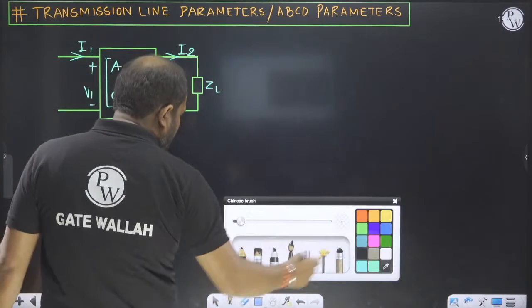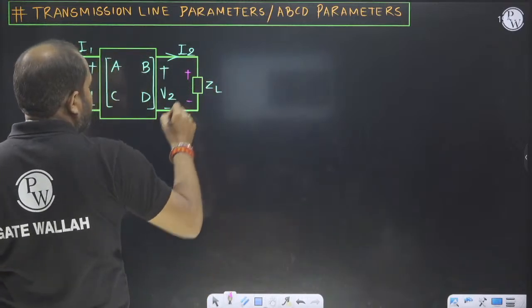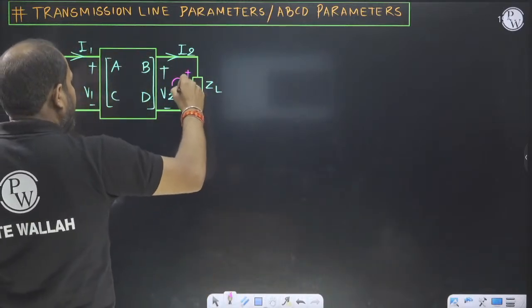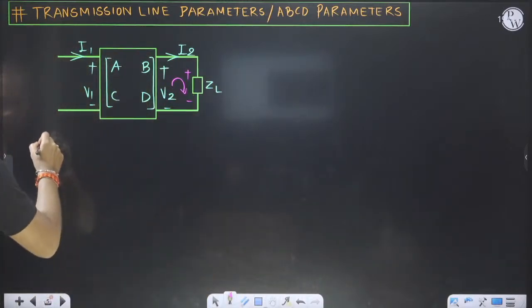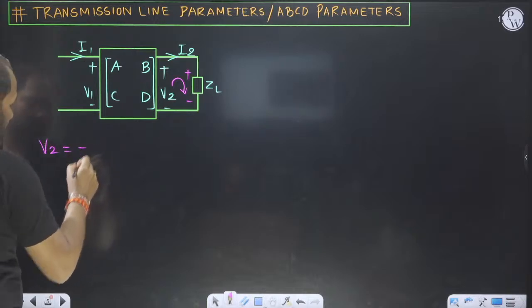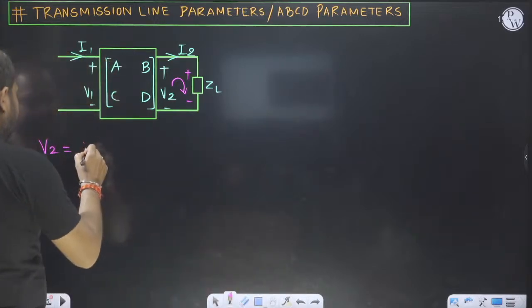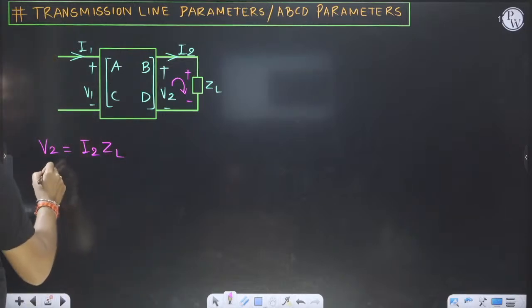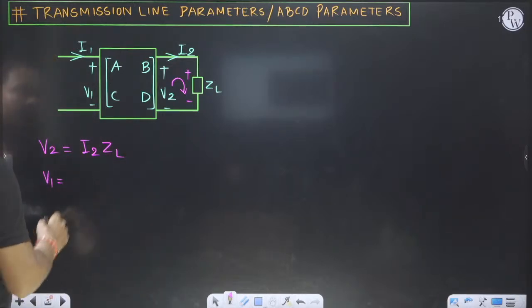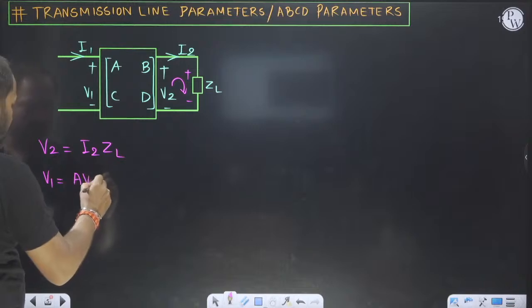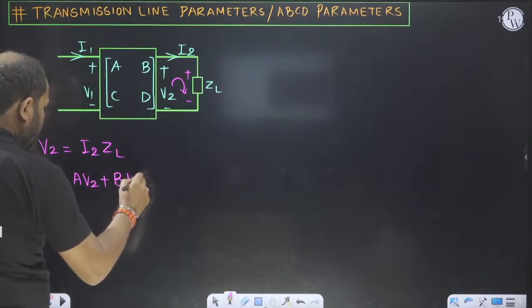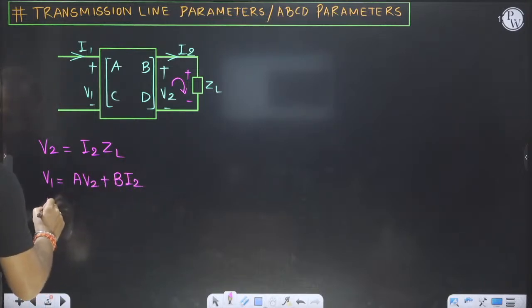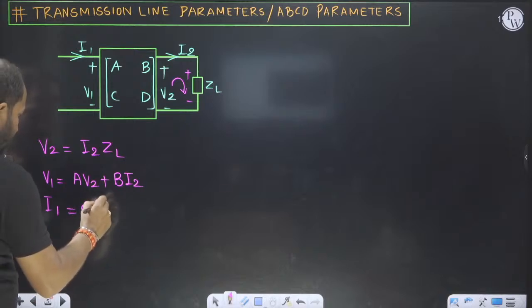The voltage direction will be plus minus here. If we apply KVL, then V2 is equal to minus I2 ZL, and V1 is equal to A V2 plus B I2, and I1 is equal to C V2 plus D I2.